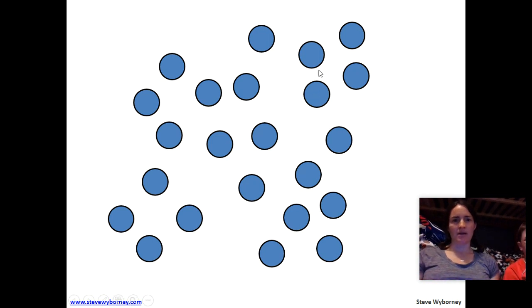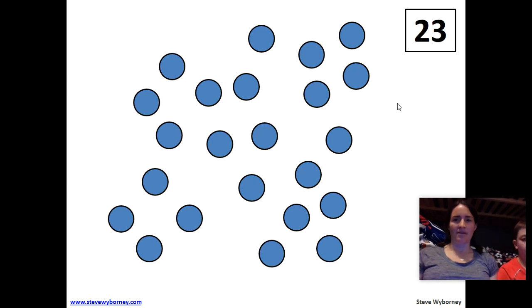I know, they were to me too. Like these 4 are standing out. These 4, that's 2 groups of 4. 3 groups of 4, 4 groups of 4, 5 groups of 4. So I'm at 20. And then I see 3 extras here. I'm thinking 23. I agree. You agree? All right. Yep, there are in fact 23 dots.